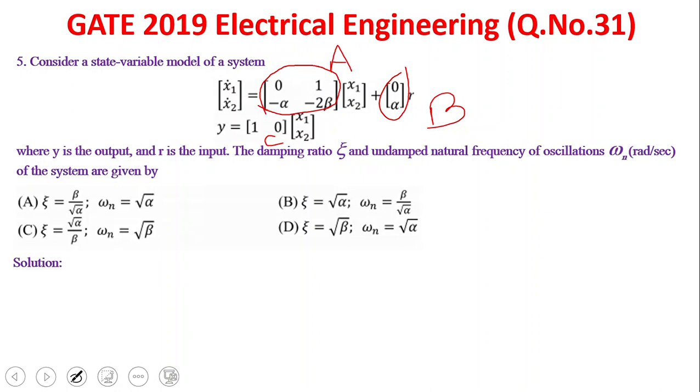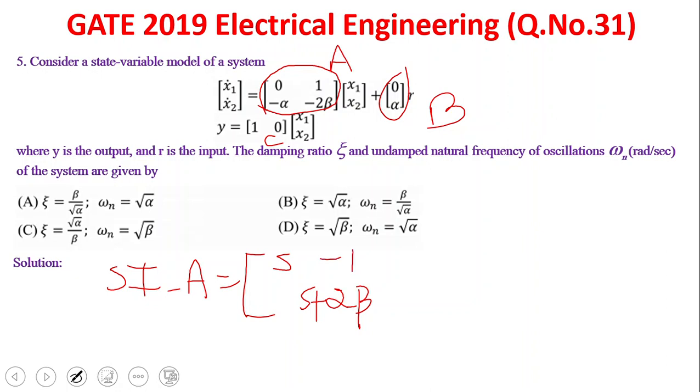So A, B, C are known to us. Here again what we require is the determinant of sI minus A. So what is sI minus A? It is s plus 2 beta, minus 1, alpha, correct? So we have to find the determinant of this.